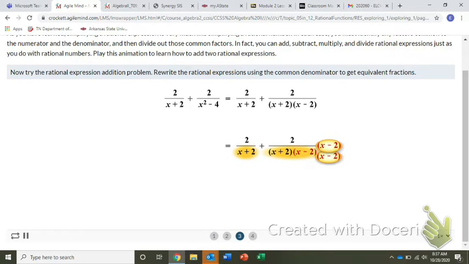Now, it's showing you that the right side has an x plus 2 and an x minus 2. On the left side, it originally only had x plus 2. So what they're doing is they are taking that missing term and they're multiplying on the top and the bottom of where it's missing.